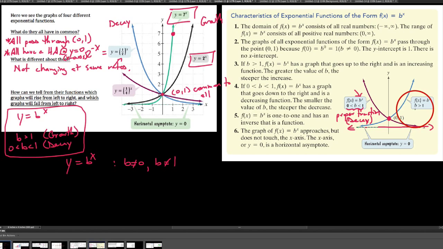And if b is bigger than 1, or an improper fraction, we have a growth from left to right, which is what you see with this blue graph right here. So all of this right here, this table, basically says everything that we've been saying, that our domain is all real numbers, our range is always either above or below the asymptote, and we go through 0, 1, and we also have an asymptote on the x-axis there.